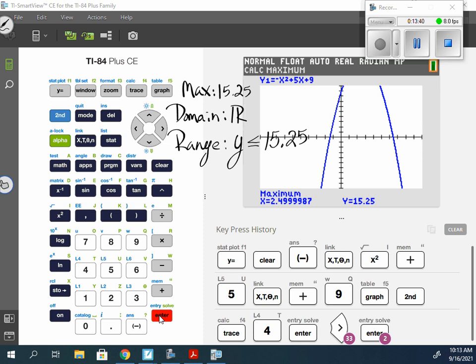Yes? What step did I miss? Yeah, so when we do the maximum, minimum, intersections, any of those, it'll ask one for left bound, one for right bound, one for the left of whatever we're looking for, one to the right. Once we do that, it says guess. So it gives you an idea to guess what you think it might be, but we normally don't guess.